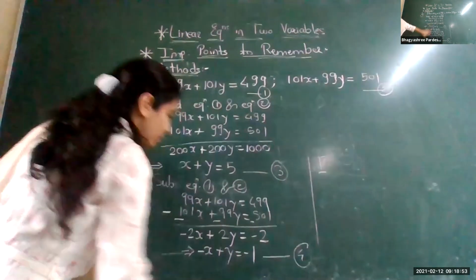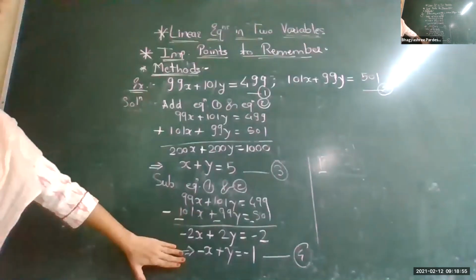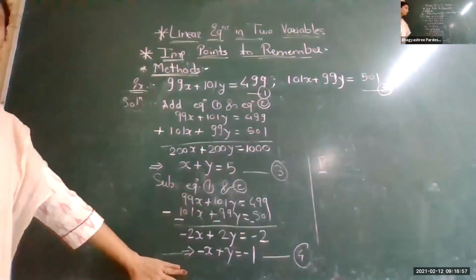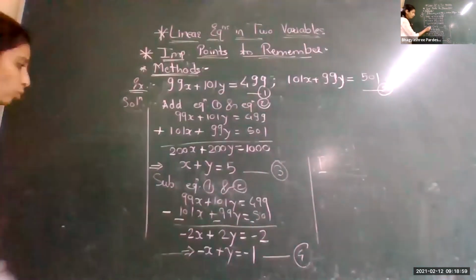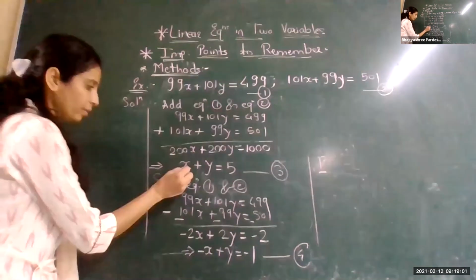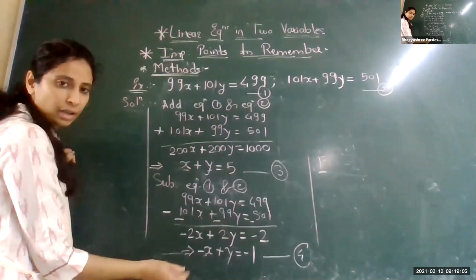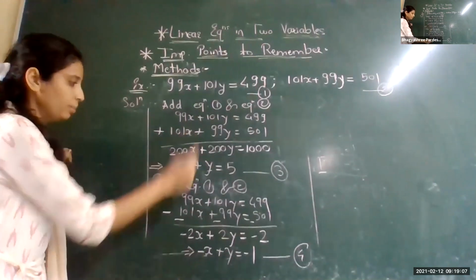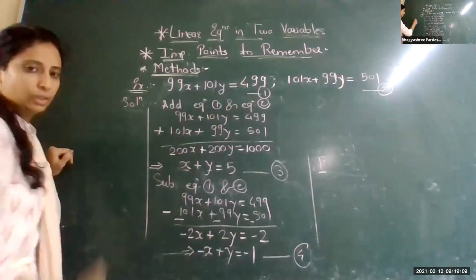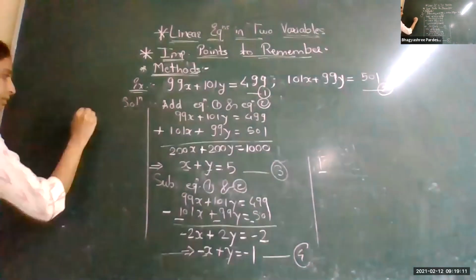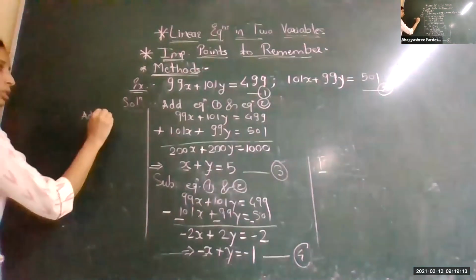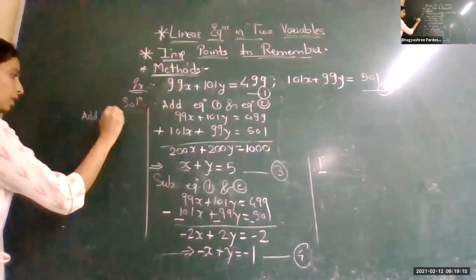So we have got two simplified equations, right? Now just solve these to get the values of x and y. What to do? Here, x plus y, and minus x plus y, and here one value is negative. So simply add these, and x will get directly cancelled. So add equations 3 and 4.